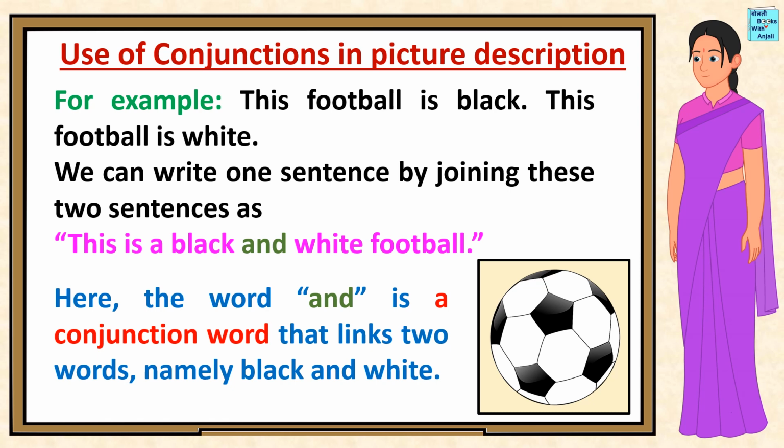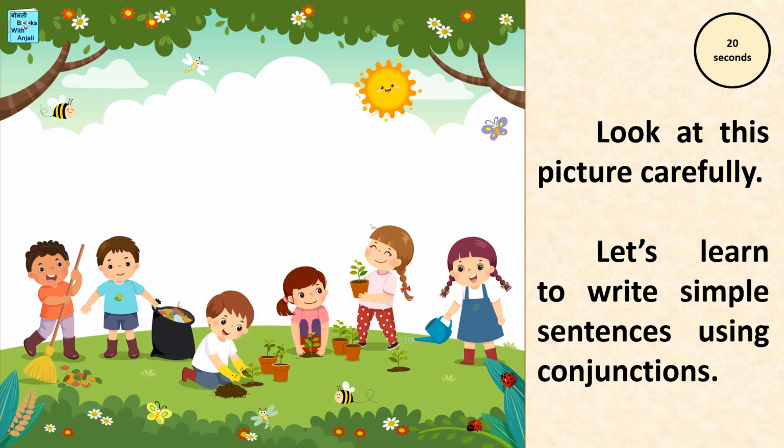Now let's try to use the conjunction and to describe the picture. Look at this picture carefully. Can you think of some of the words that we can use to describe this picture?